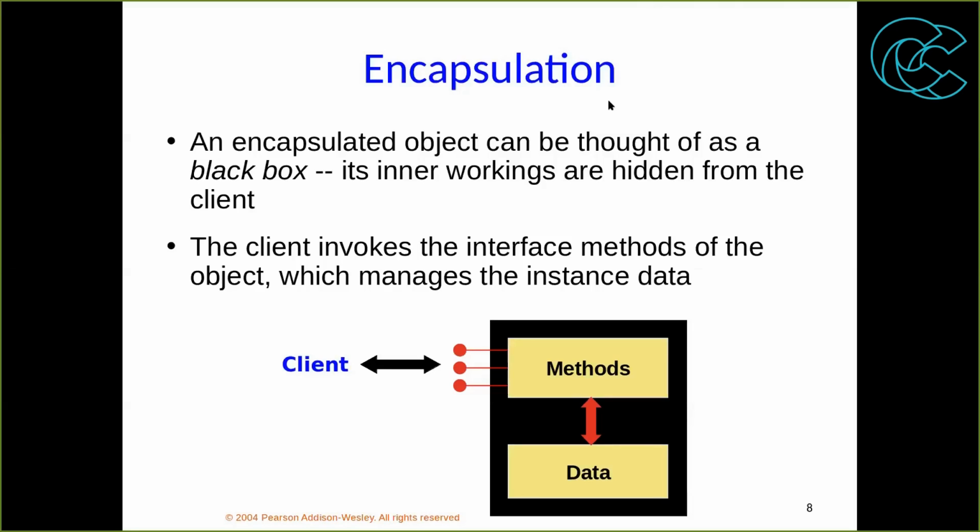An example is given here. We can treat the contents as a black box, right? A black box is nothing but you cannot see what is inside that box. All you can see is the interaction mechanism. For example, take any electronic device, let's say a phone or a laptop. Let's stick to phone. Whenever you look at a phone, you cannot see what is inside.